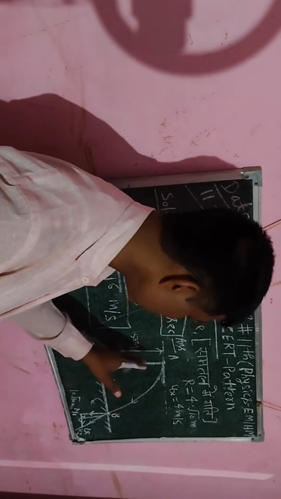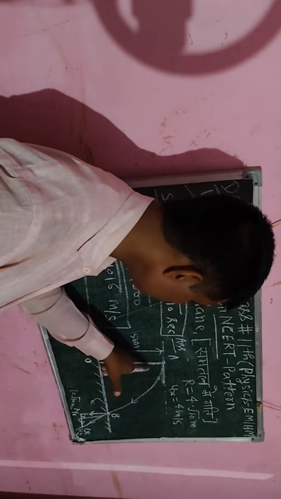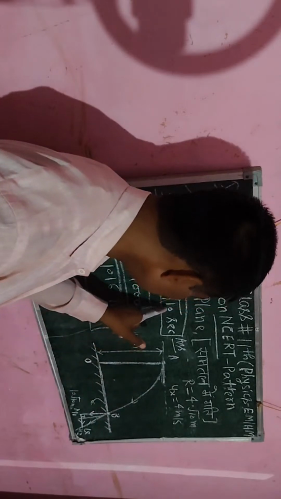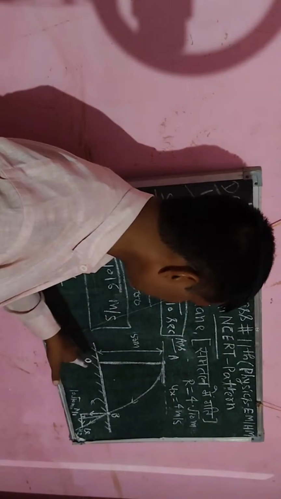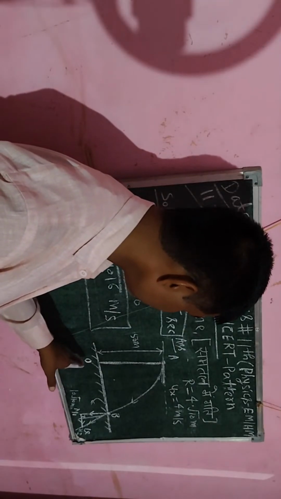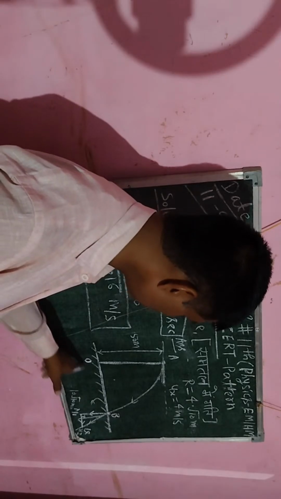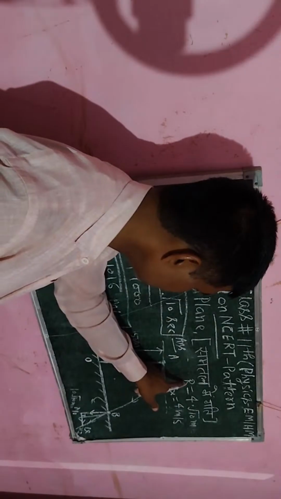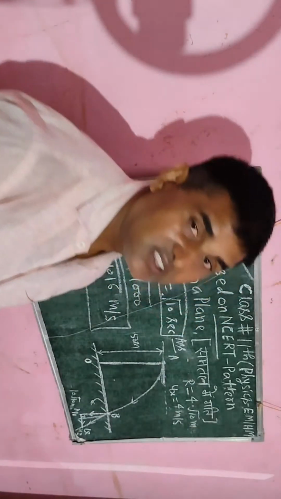Now I have also calculated the time taken by the projectile from point A to point B, that is square root 10 second. And I have also calculated the projectile range, that is from O to B. That is written here: R is equal to 4 into root 10 meter.